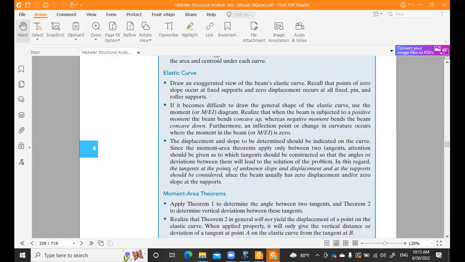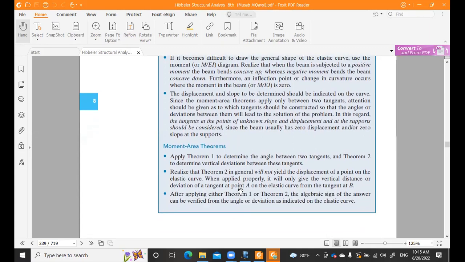In this regard, the tangents at the points of unknown slopes and displacements and at the supports should be considered. So from the unknown, you have to consider a support, since the beam usually has zero displacement and zero slope at the support. Zero slope at the support is not always correct, because only at a fixed support it can be correct.